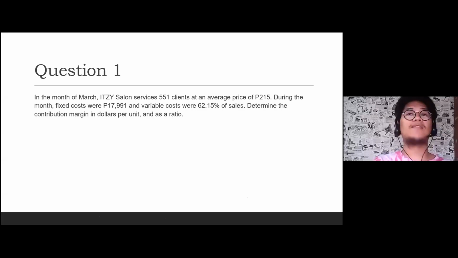During the month, fixed costs were 17,991 and variable costs were 62.50% of the sales. So I want you to determine the contribution margin in peso per unit and the contribution margin ratio. Okay, just type your answers, guys. No? Okay, go.